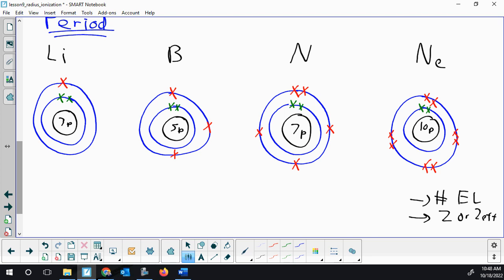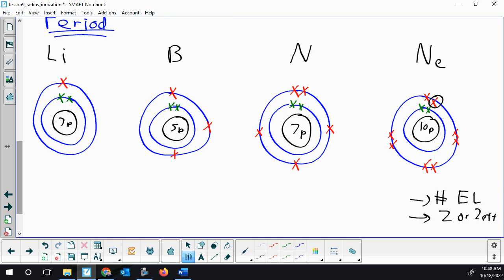If we start at lithium and think of what is pulling the outermost electron, there's 3 protons is all we have to pull in that electron. If we move to the other extreme of the period and we get to neon, the outermost electron has 10 protons pulling it in. 3 to 10, that's more than a triple. There's over triple the protons pulling in on a neon valence electron compared to lithium.